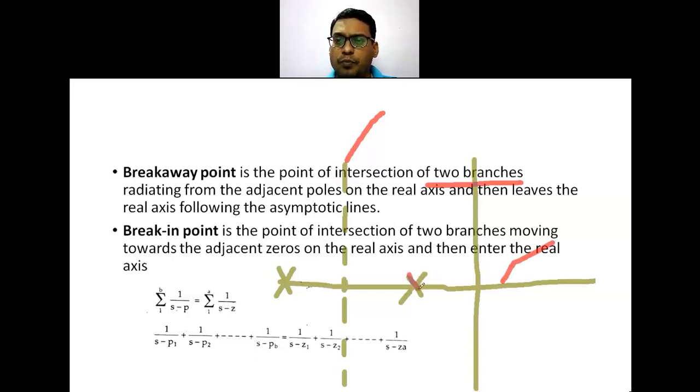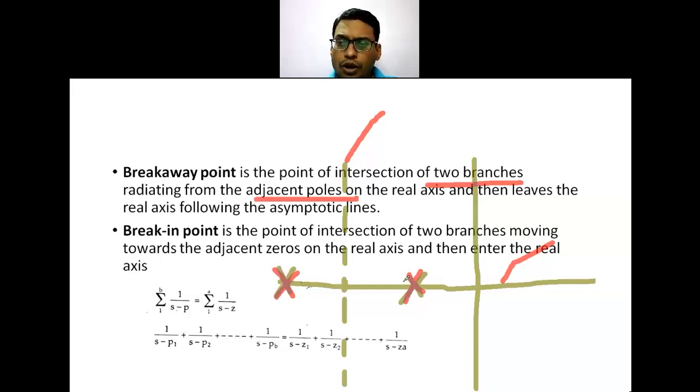This is one pole, and this is another pole indicated by the cross. So I am starting from the pole, the point of intersection of two branches radiating from the adjacent poles on the real axis.